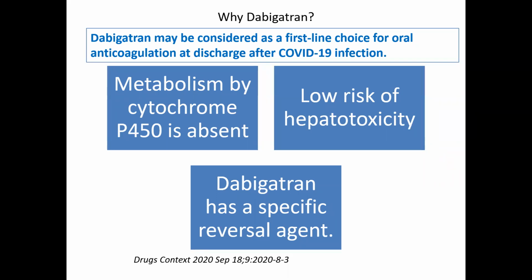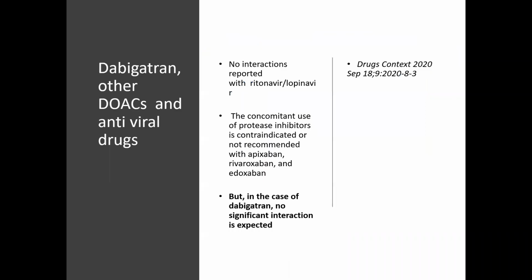Now, this is another important thing that we need to understand. If there is over anticoagulation, which may predispose to bleeding, we should have something by which we can reverse the effect. And dabigatran is the only direct oral anticoagulant which has got an agent which can reverse its effect.